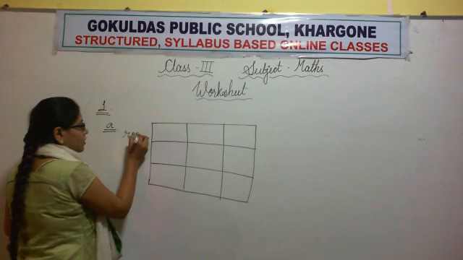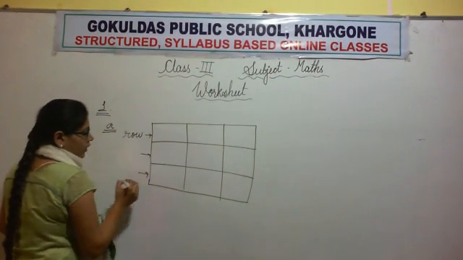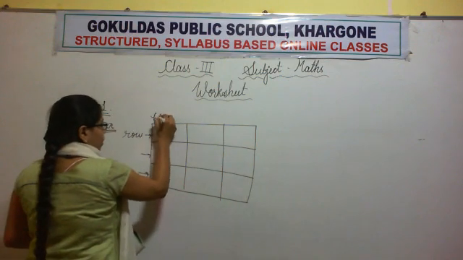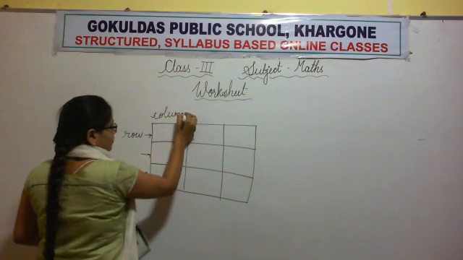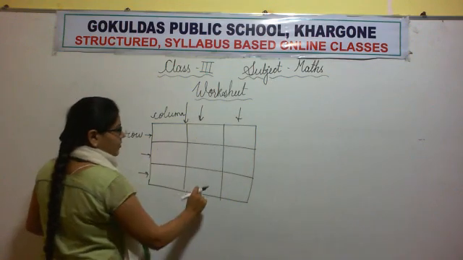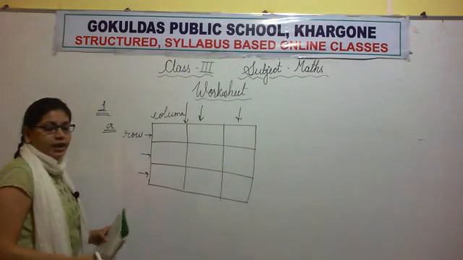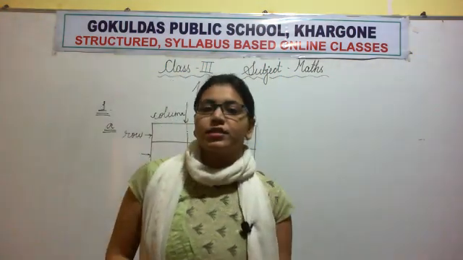These are the rows. We call it row. These are the rows and this is column. 1, 2, 3. These 3 are the columns and these 3 are rows. Understood what is row and what is column?